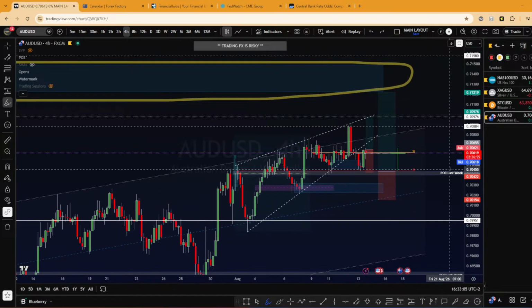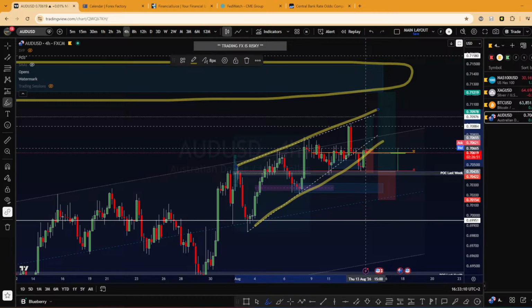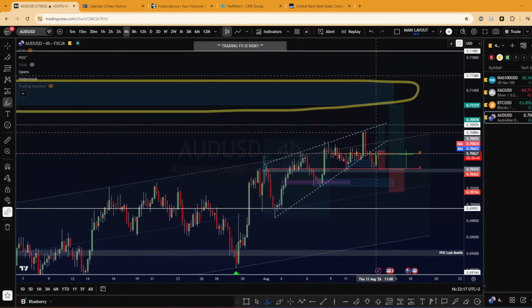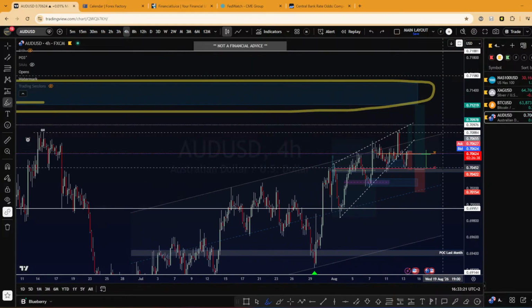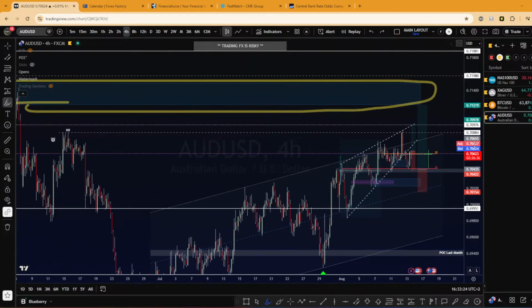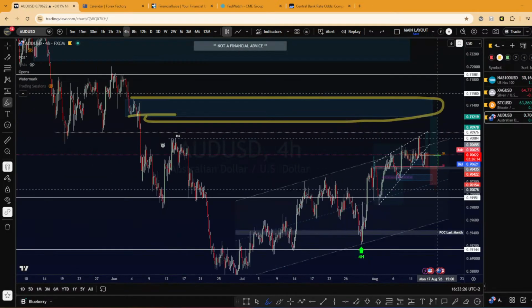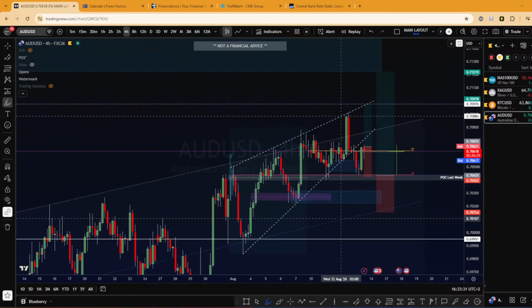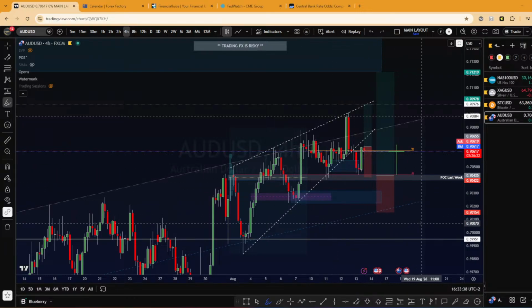But I don't like this ascending triangle. Yes, price could push up from this level to this, but it's not interesting for me because I'm already exposed on other major dollar pairs like USDCHF and EURUSD. I don't want to be stuck on this one too.